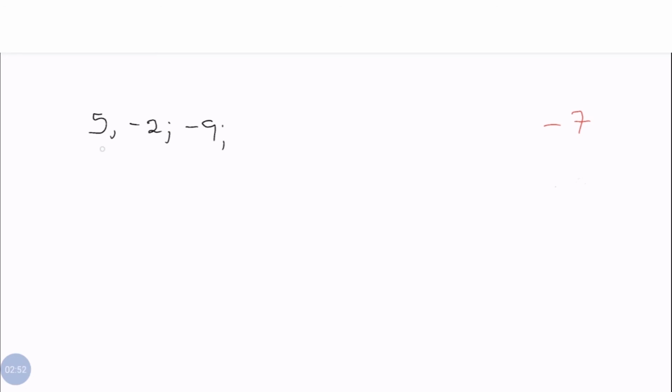Since -7 is the constant difference, from T1 to T2 we add -7.